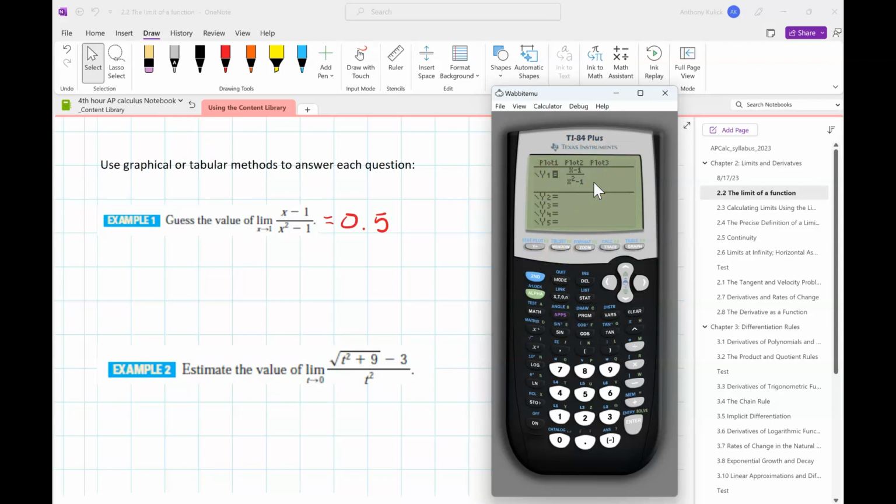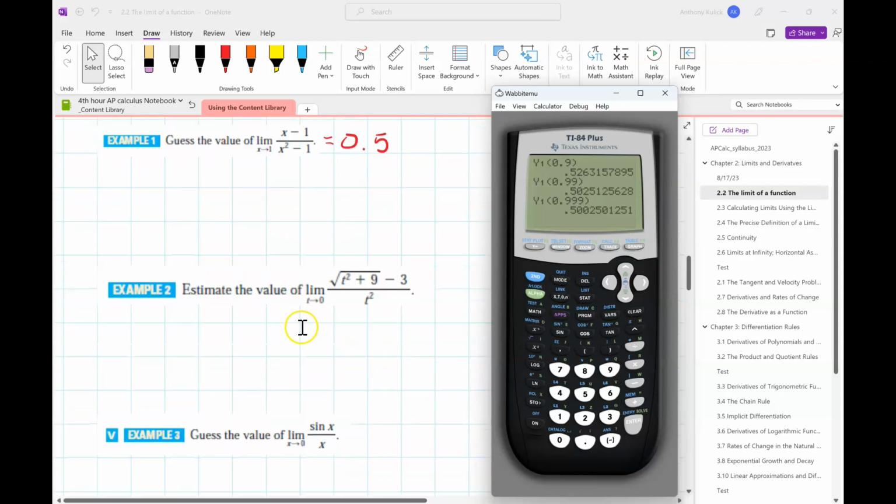So this is just a quick way to get a bunch of values tabular without having to pull the values from the graph or to make a table in the calculator, which is not usually helpful, especially if the decimal point is changing each time. Okay, everybody feel okay with that?